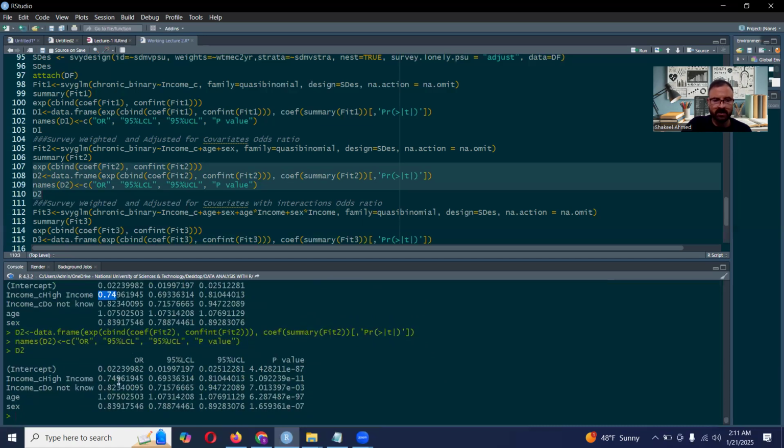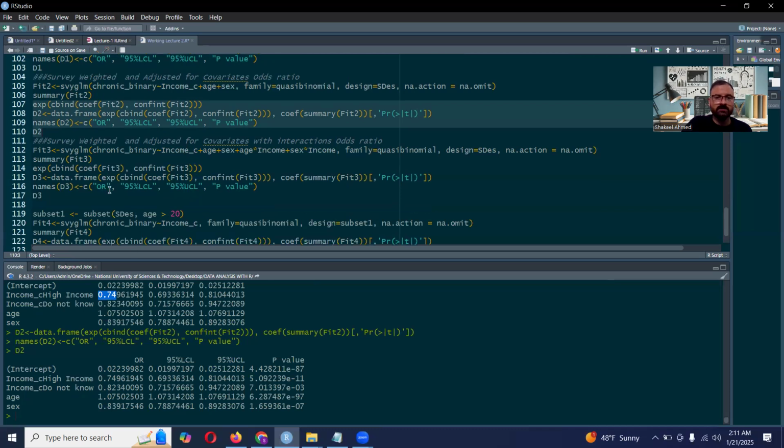Basically, we are adjusting for covariates, and in this type of analysis, where these demographic variables are more prone to have a confounding effect on the relationship between exposure and outcome, you need to include these variables in your analysis.